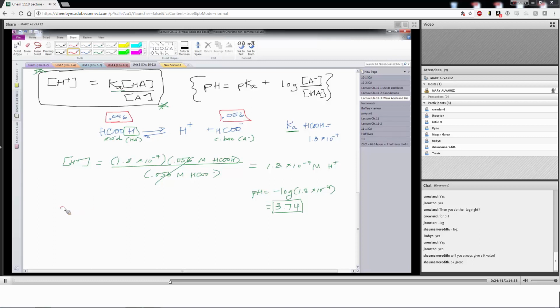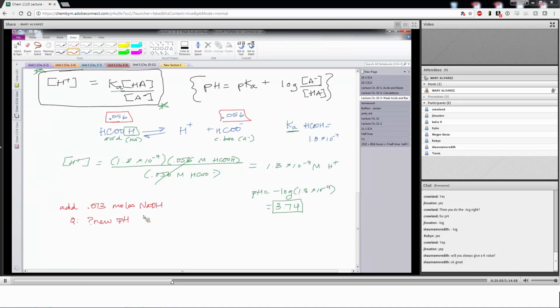I'm going to add 0.013 moles of sodium hydroxide. And the question is, what is my new pH after adding 0.013 moles of sodium hydroxide?